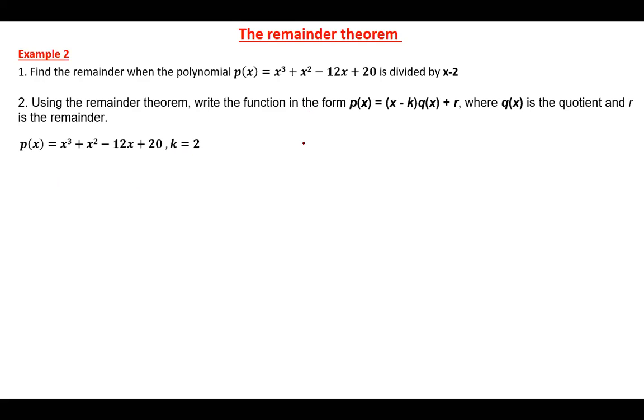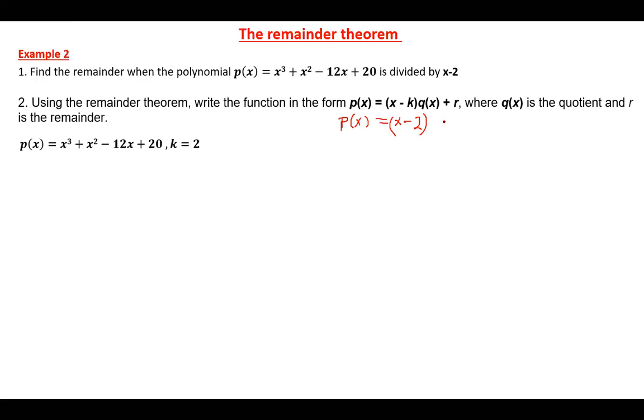So in other words, what they are trying to say is this p(x) is equal to this expression, while for this k, we can put 2 there.